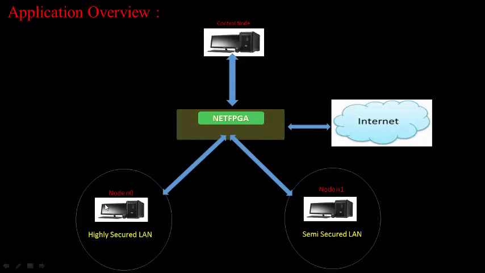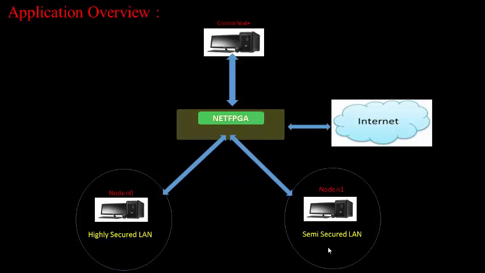The highly secure LAN can be anything, for example in a bank it can be the customer database, and the semi-secure LAN can be anything ranging from customers accessing their account to employees of the bank accessing their accounts. We were targeting a security application which would provide a greater deal of security to the highly secure LAN, while also providing security to the semi-secure LAN.